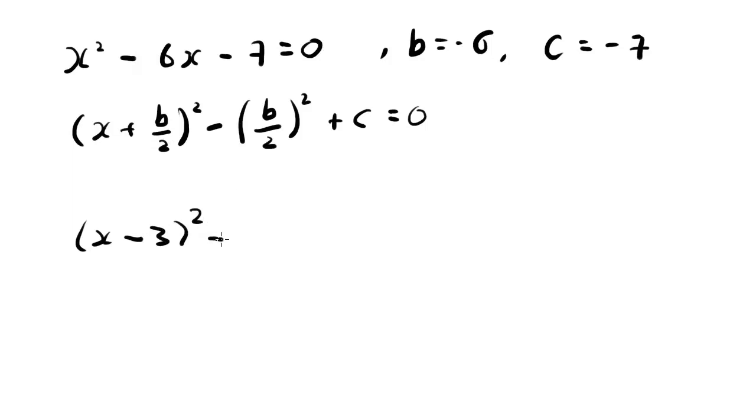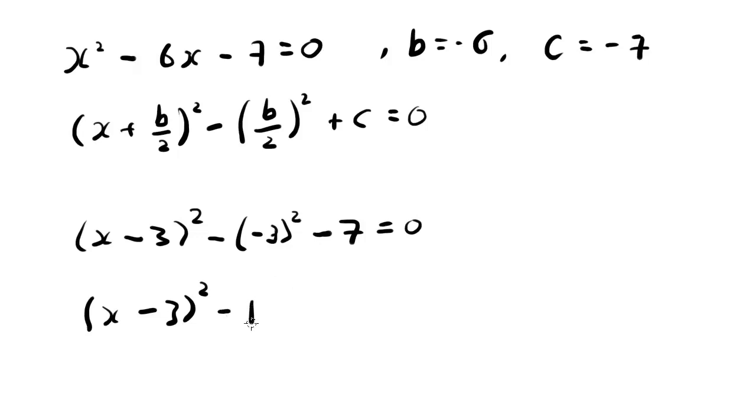And now take away minus 3 again squared, and adding our c on the end, that's our minus 7. Now let's simplify this. X minus 3 squared, and then minus 3 squared. Well, minus 3 squared is 9, so we get minus 9 minus 7, so that's minus 16 equals 0.